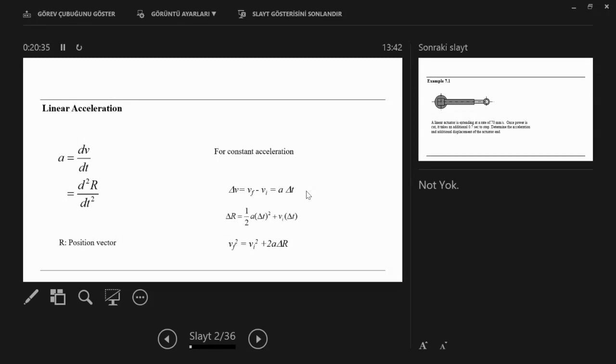This is another equation. If you have the initial and final values, you can calculate the whole length, but we don't know the initial part of the length, and therefore we calculate only how much the cylinder's displacement changes after cutting the power.